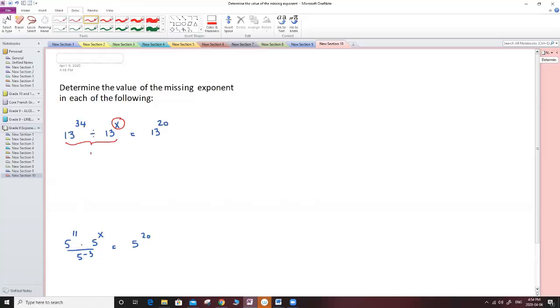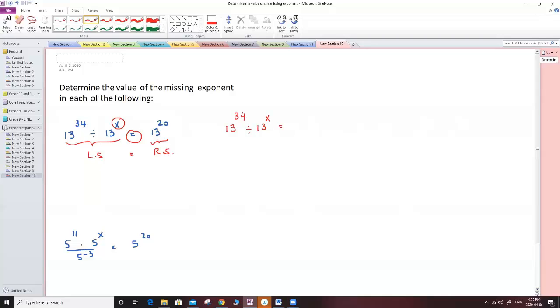I have a right side and a left side. The left side has to equal the right side because I'm dealing with an equation. So the right side is easy, 13 to the power of 20, but what about the left side? It's 13 to the power of 34 divided by 13 to the power of x.